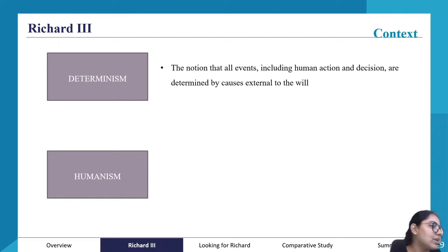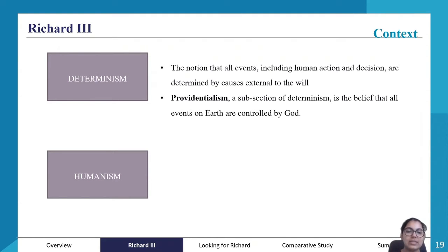Like Romeo and Juliet, there's star-crossed lovers, but yeah, it's all written in the stars, so we don't have any say over it. That's what this is saying. This links back to this providentialism, this idea that all events on earth are all controlled by God. So that's this determinism view.